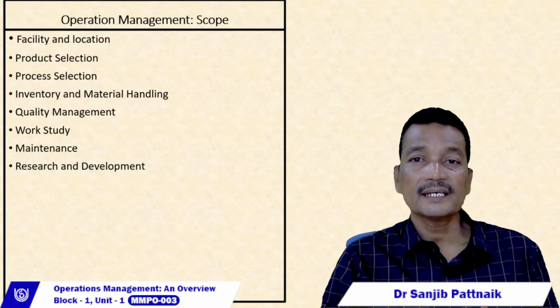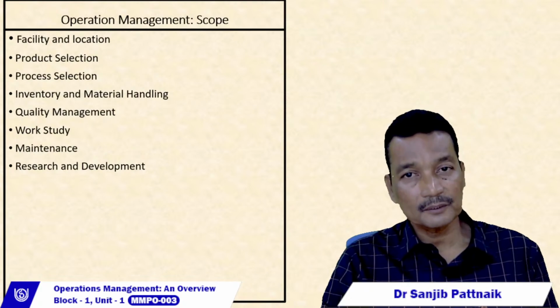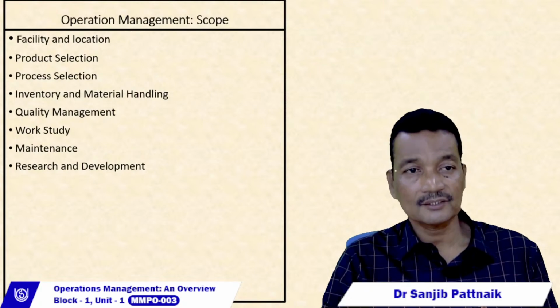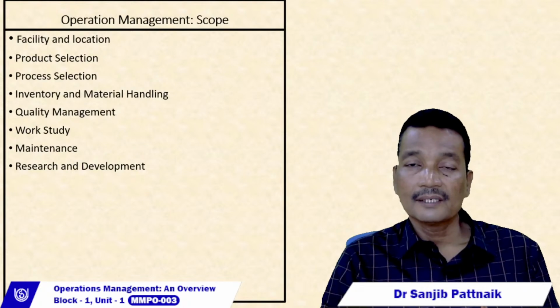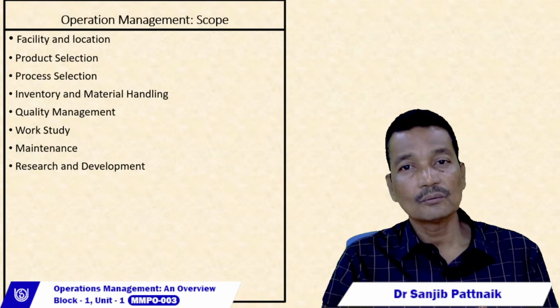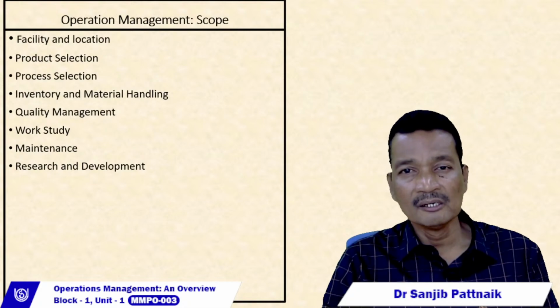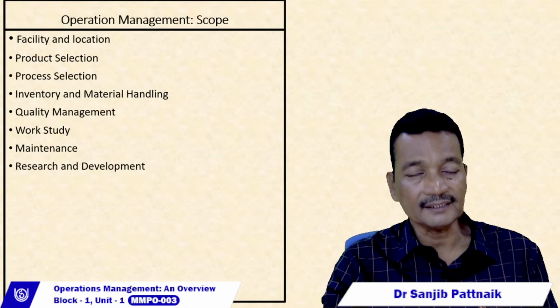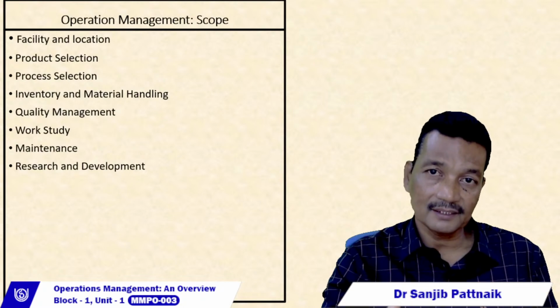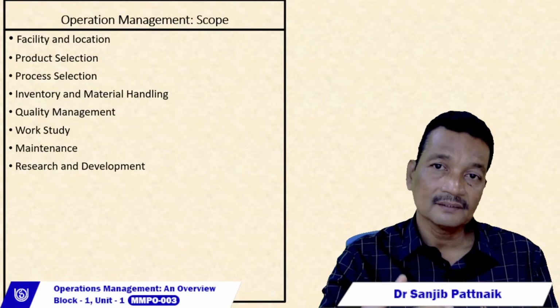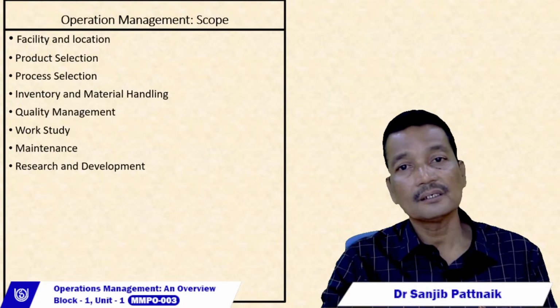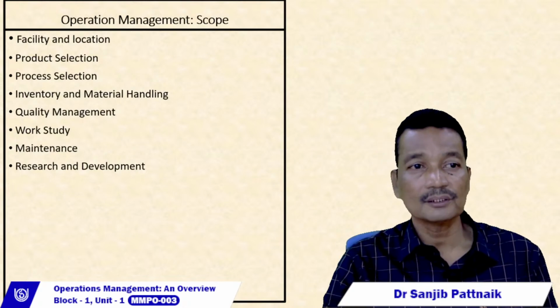Once you decide on where to set up the bakery or the industry, then we think about what are the facilities we are going to create, whether it is the machineries, the buildings, the warehouse, the inventory house, etc.